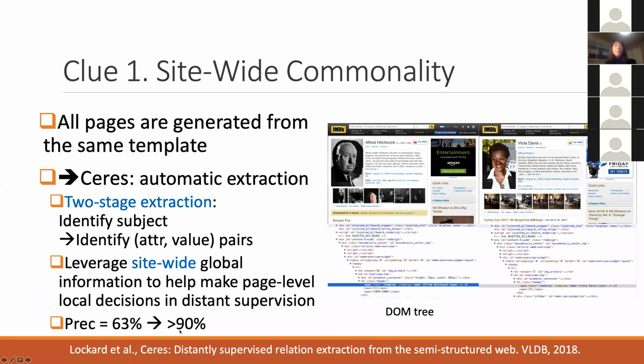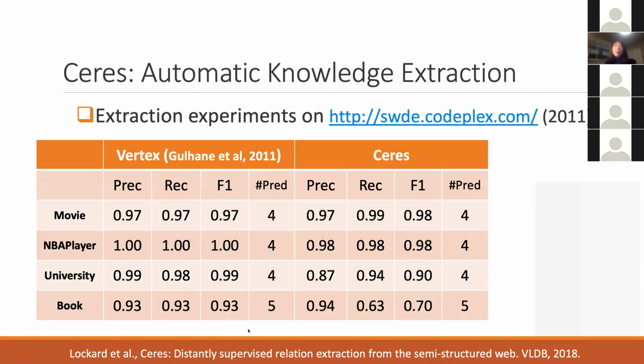To give you more details, we applied this method on the SWDE benchmark data. The benchmark contains 4 different domains, and for each domain, it has 10 websites. And we applied our method on these 40 websites, comparing it with the previous wrapper induction work. So we can see that we get very high precision.